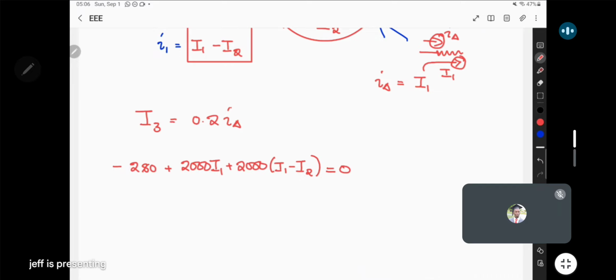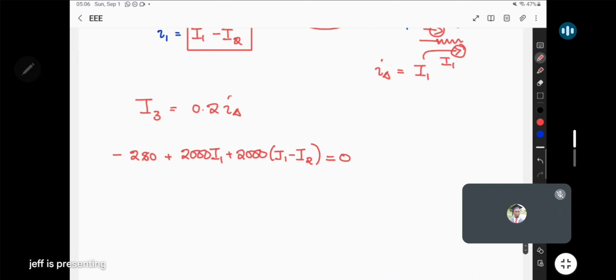So now we're just going to simplify this expression. The 280 goes to the right, becomes positive. We now have 2000 I1 plus 2000 I1 again, then minus 2000 I2 is equal to 280.